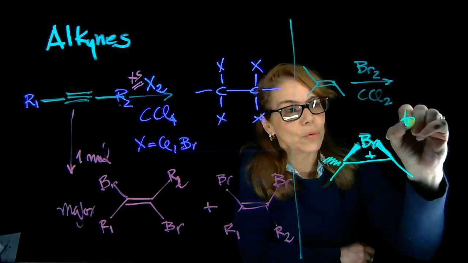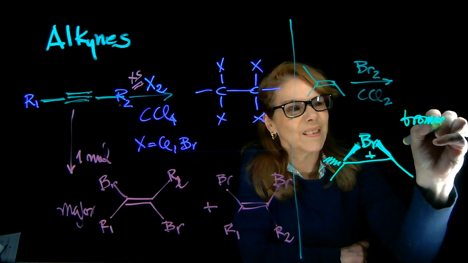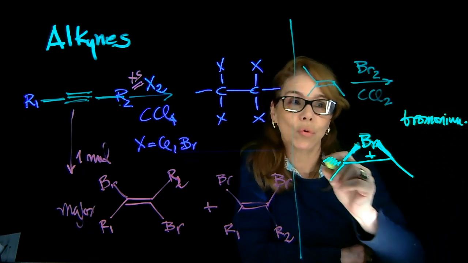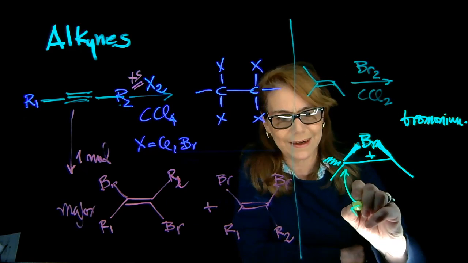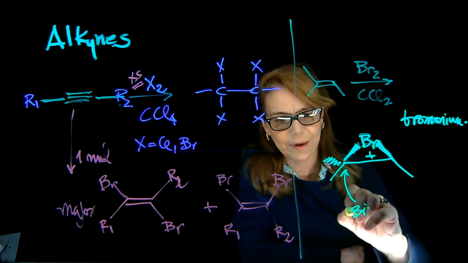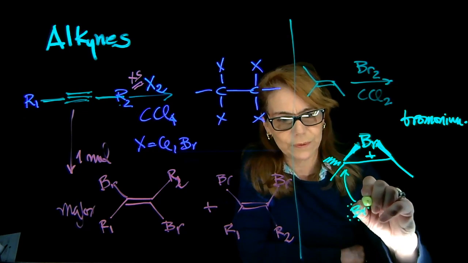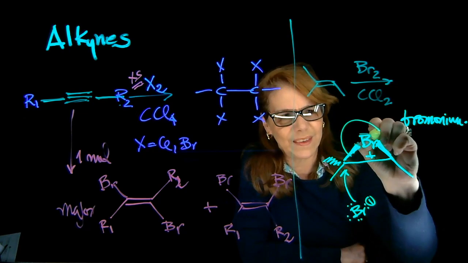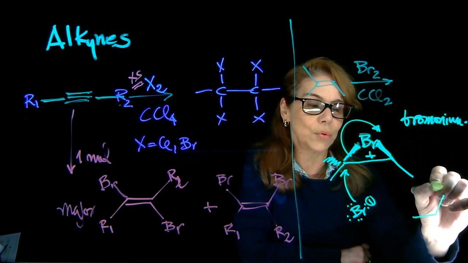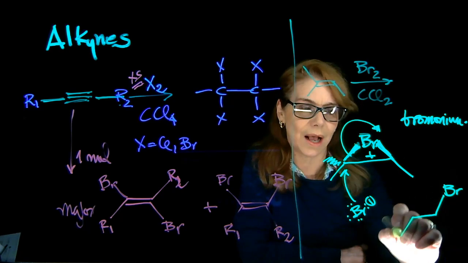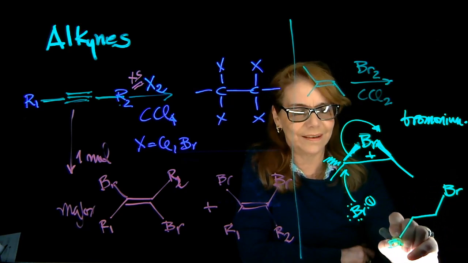So that's your bromonium. And then bromide will attack the more substituted carbon, and that attack is anti. What that means is that you always form the product that is anti, so that we'll have the 2 bromines on opposite sides. And that is important.